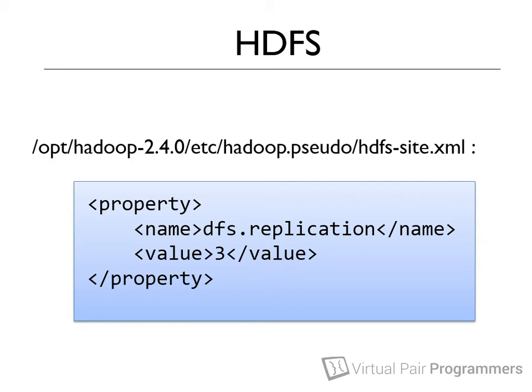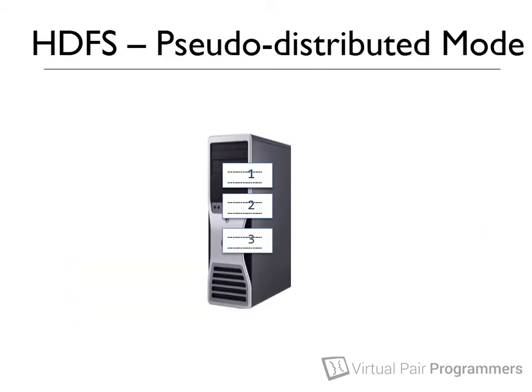Now, we're not going to edit this XML file because we only have one machine to develop and test on, so we don't need this replication, but we do, as developers, need to use HDFS to test our code. We want to run our code in pseudo-distributed mode for testing purposes, and HDFS is needed for that.